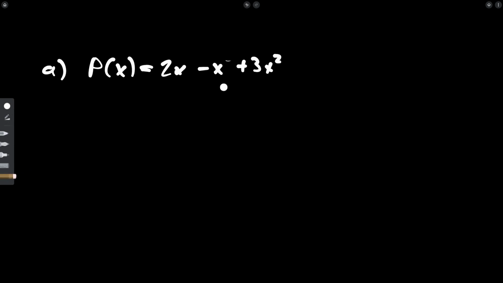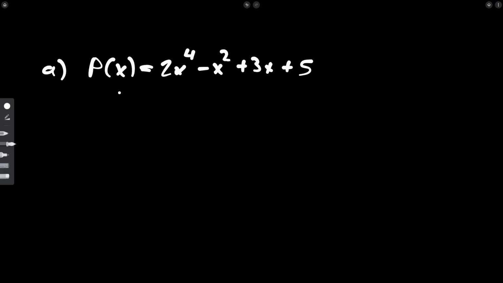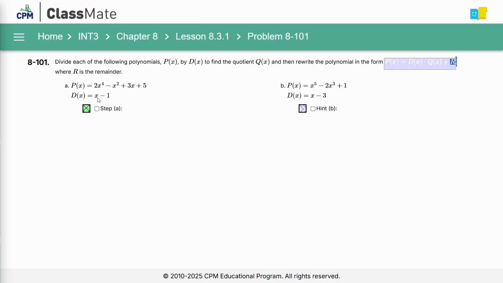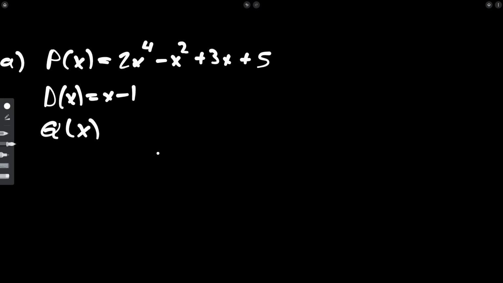That goes 4, 2, 1, and then it's plus 5. Our d of x is x minus 1. And we need to find what q of x is. I'm going to use polynomial long division for this one.